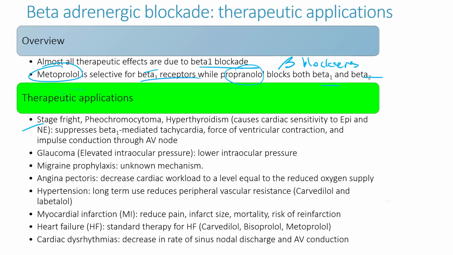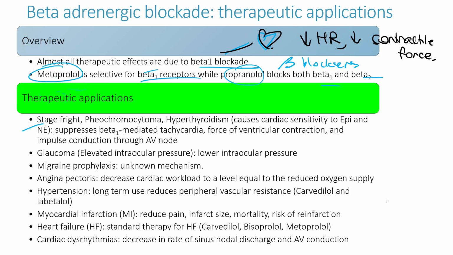So if you block beta 1 receptors, which are found in the heart, what happens is you decrease heart rate and you decrease contractile force. Right? You stop the heart from working as much.